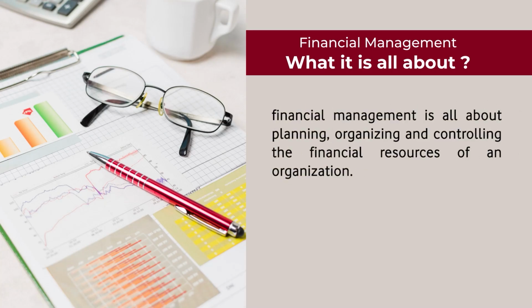Finance basically means monetary resources, and if you clip in the functional definition of the management, that is planning, organizing and all that, it becomes the definition of that particular management area. So, financial management is all about planning, organizing and controlling the financial resources of an organization.